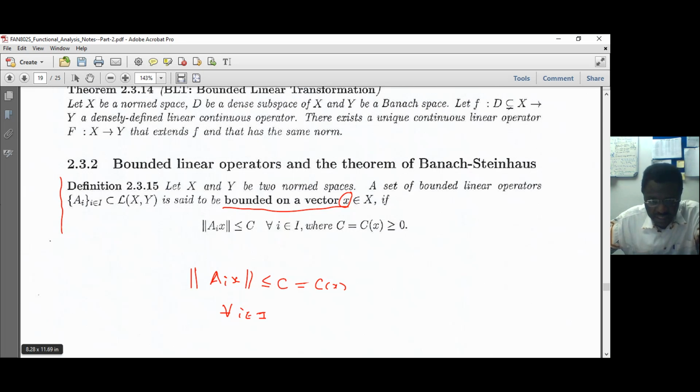That's why we say that constant depends on X. So that's the definition, because that definition will lead us to the Banach-Steinhaus Theorem. We are setting the stage to reach the Banach-Steinhaus Theorem.